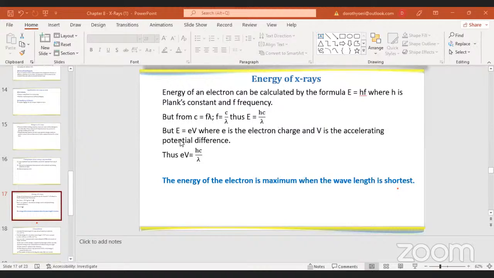And then I went ahead and said energy also can be calculated using eV, where e is the charge of the electron. It's normally a constant, so you'll be given that. But I said it is 1.6 times 10 raised to negative 19 coulomb. That's the charge of an electron. And then V represents the accelerating voltage. That is the equation there.